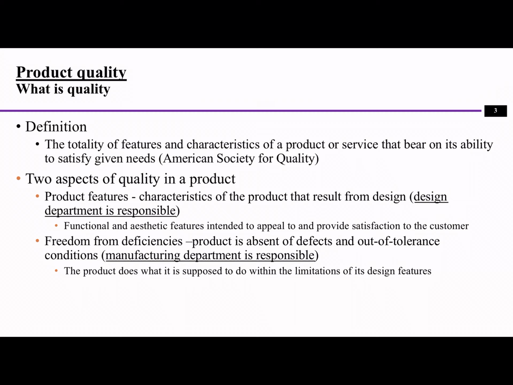So when we are looking at a product's quality, really there are two different aspects of quality. One is the product features. The other one is the freedom from deficiencies. So what are product features? Product features means the functions, and also aesthetic features that conform with the design.